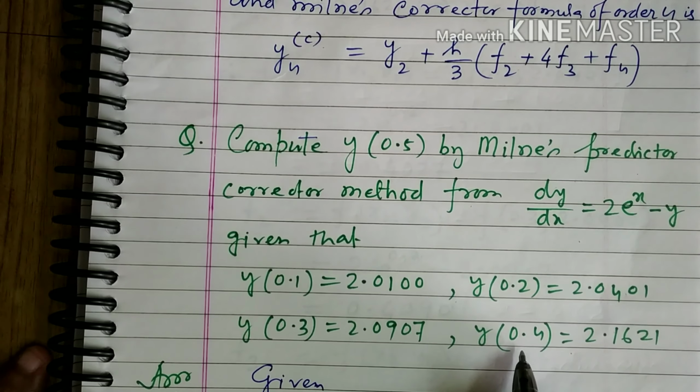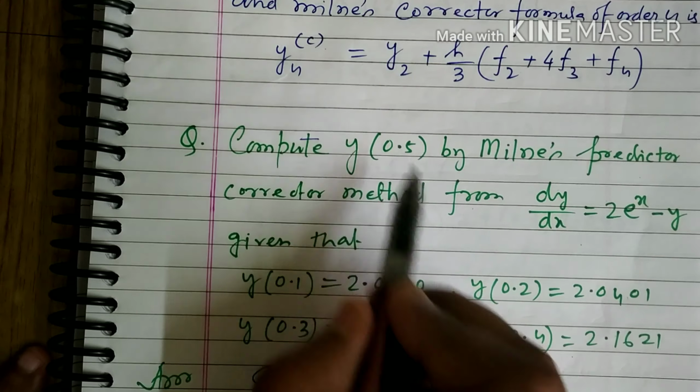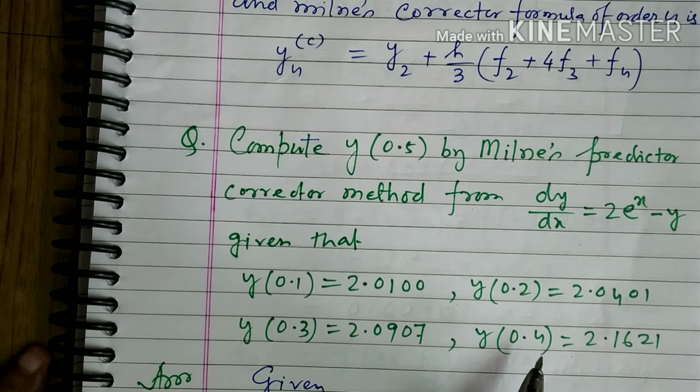What is your last value of x? 0.4. What is your requirement? 0.5. That is the next number, and you want to find the value of y there.